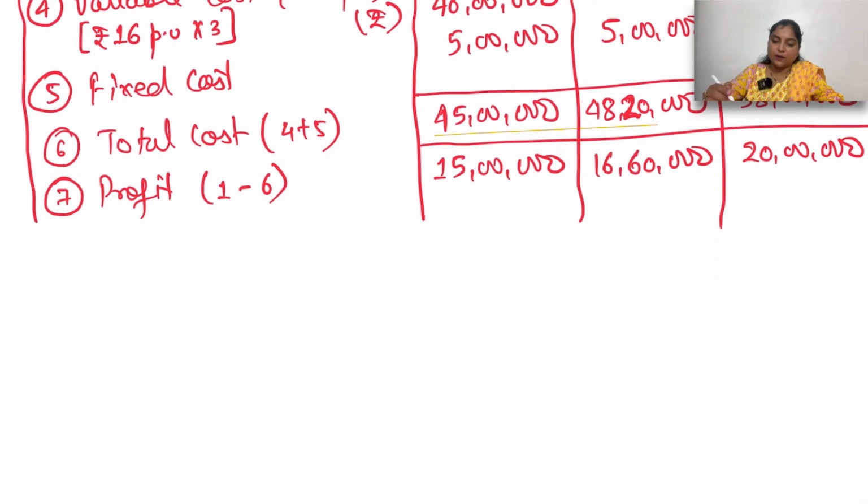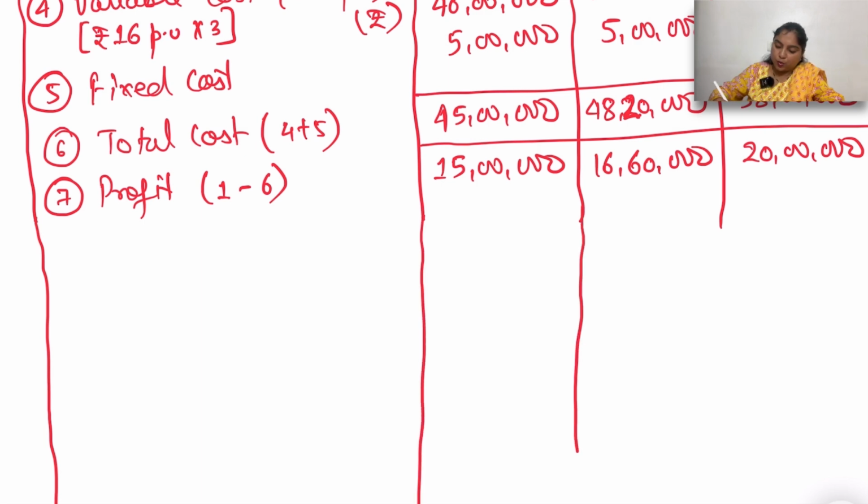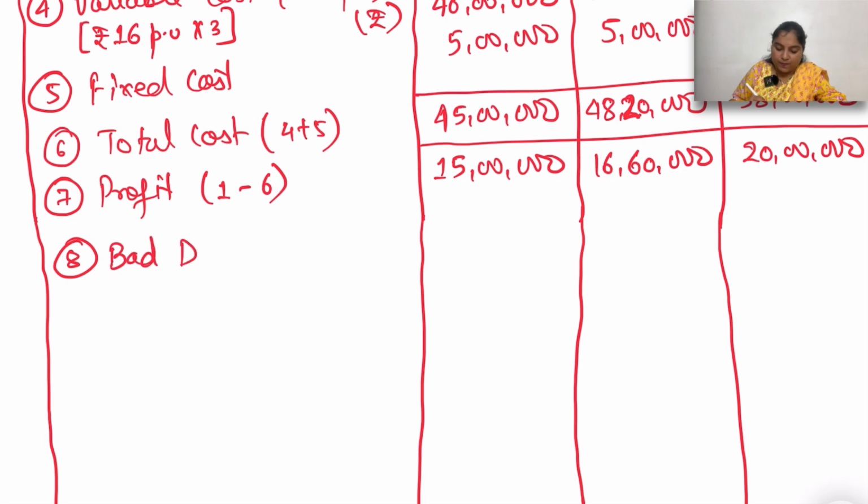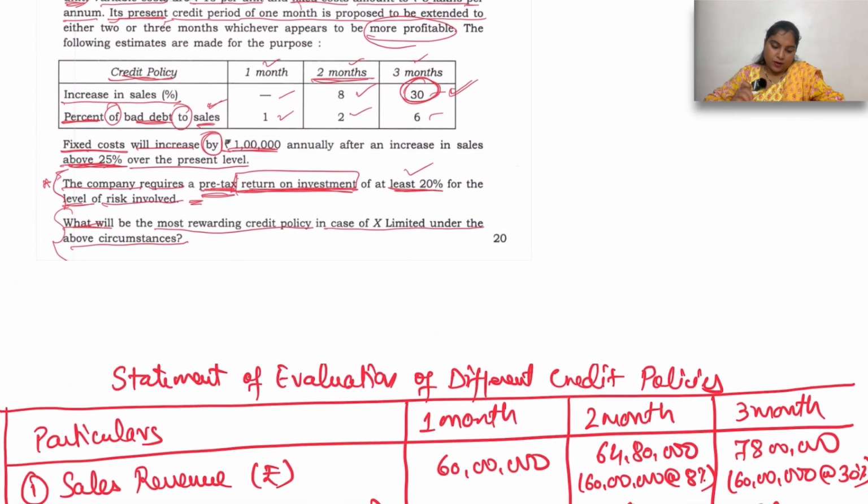Now we have bad debt and return on investment, these 2 points. It is very important to judge whether the data given in the question is useful in any way or not. Let's compute bad debt. It is simple, you are given the percentage on sales. Remember, percentage on sales. The percent of bad debt to sales in the box is 1%, 2% and 6% respectively.